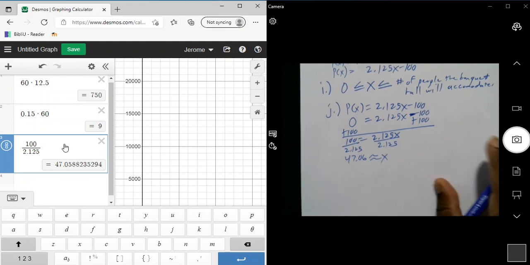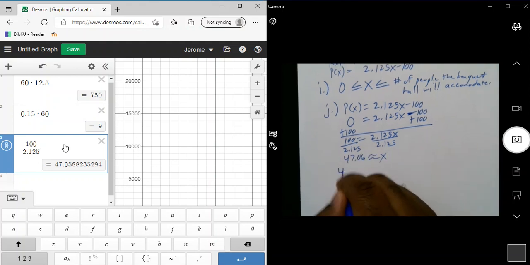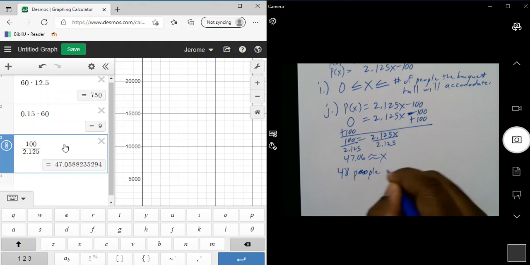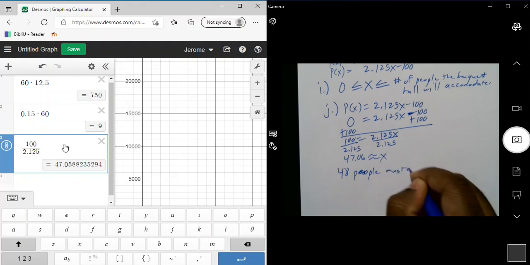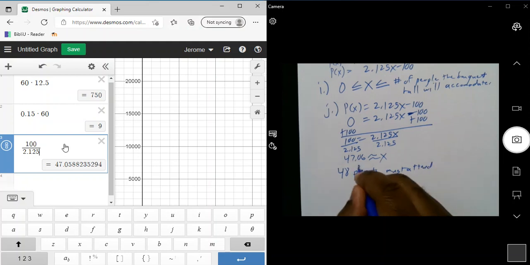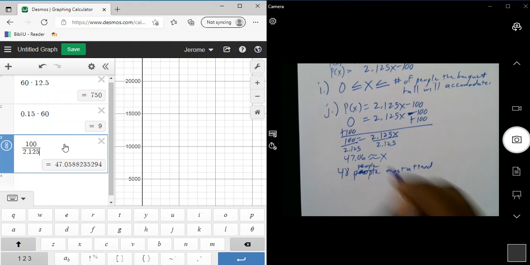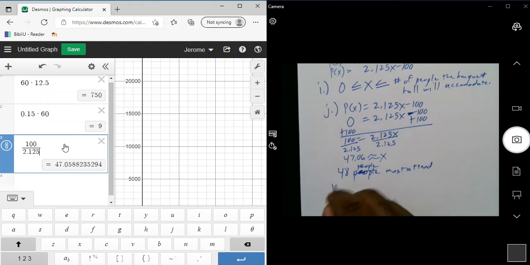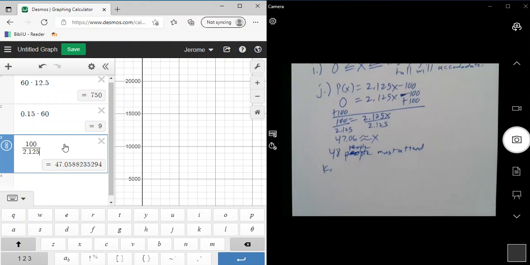So in order for us to break even, which will actually take us over a little bit, 48 people must attend. Anything below that, we have a loss.